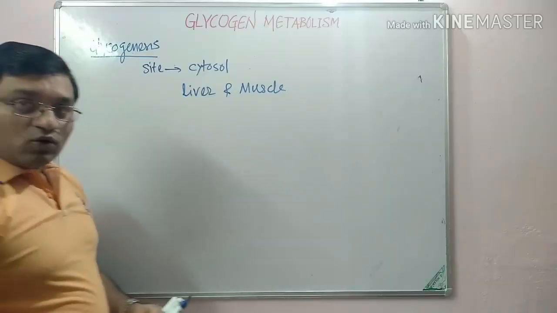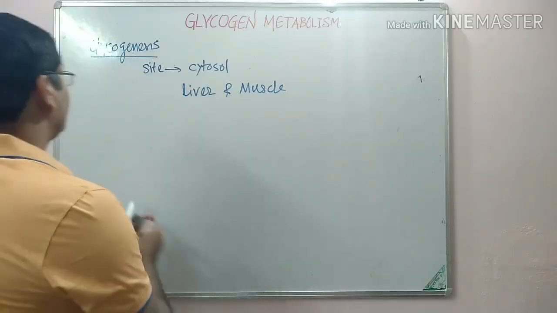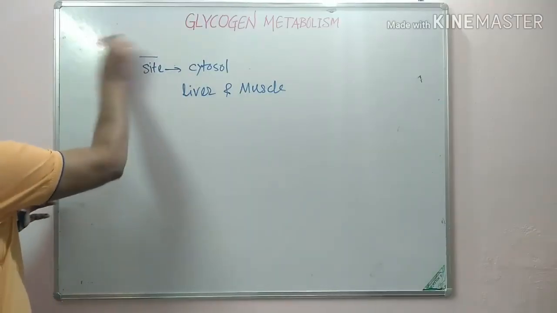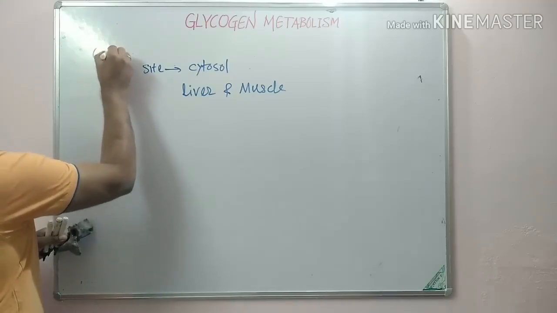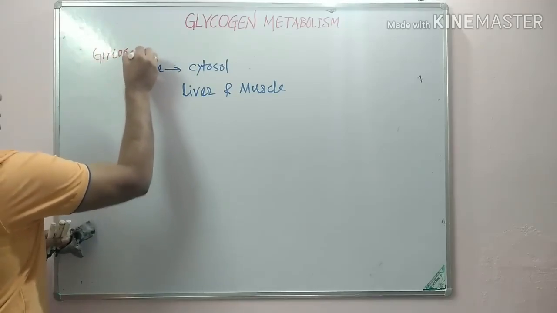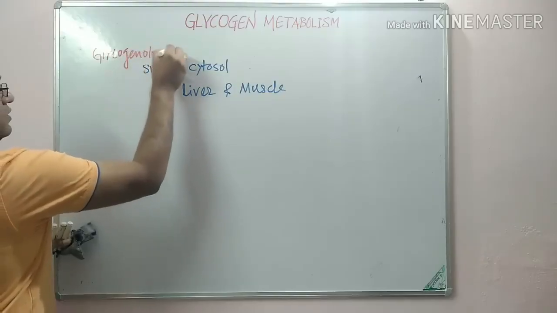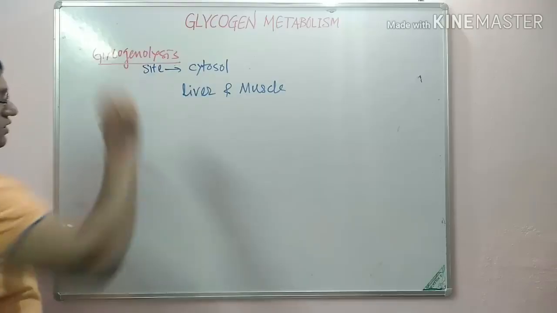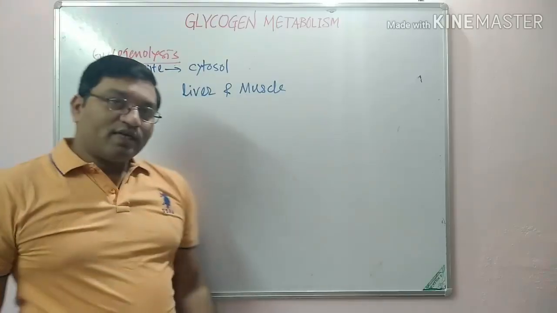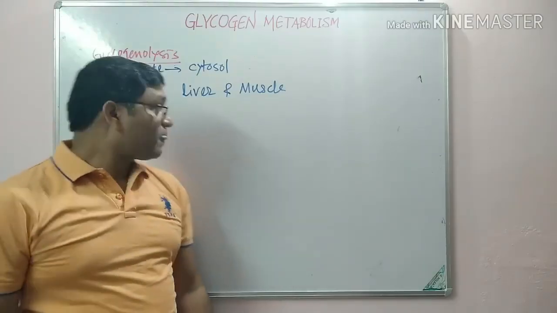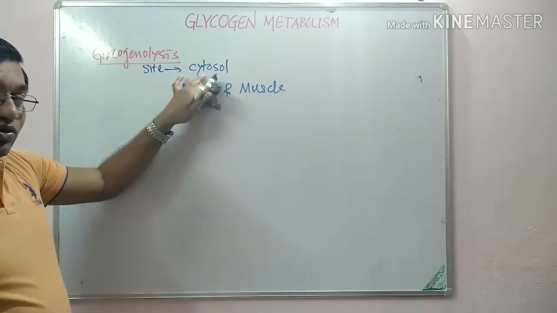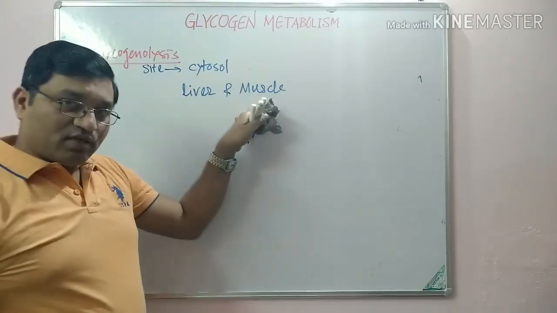Now coming to glycogenolysis. Lysis means dissolution. Glycogenolysis means there is formation of glucose from the glycogen. The site is cytosol, mainly in the liver and muscle.